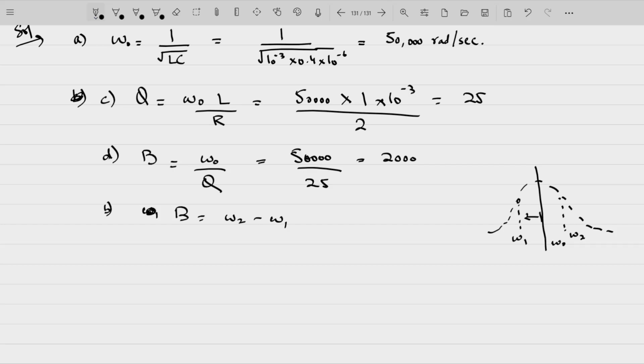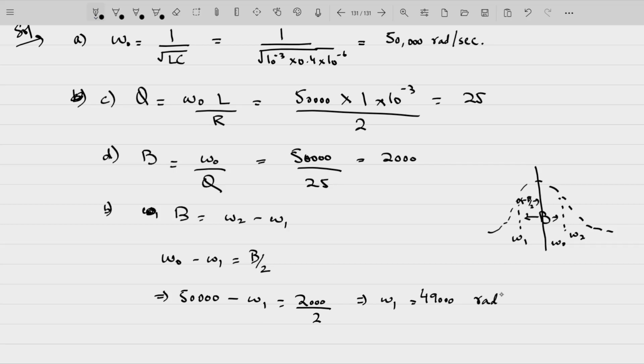This whole width is equal to B, and since we are assuming that this is a symmetrical curve, therefore omega naught minus omega 1 is equal to B divided by 2, which implies omega 1 is 50,000 minus B by 2. We have already calculated B. It's 2000 divided by 2, which implies omega 1 is equal to 50,000 minus 1000, that is equal to 49,000 radians per second.